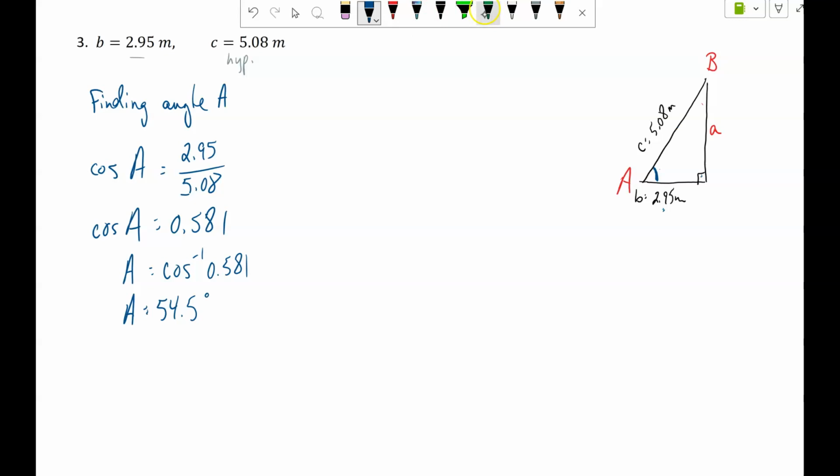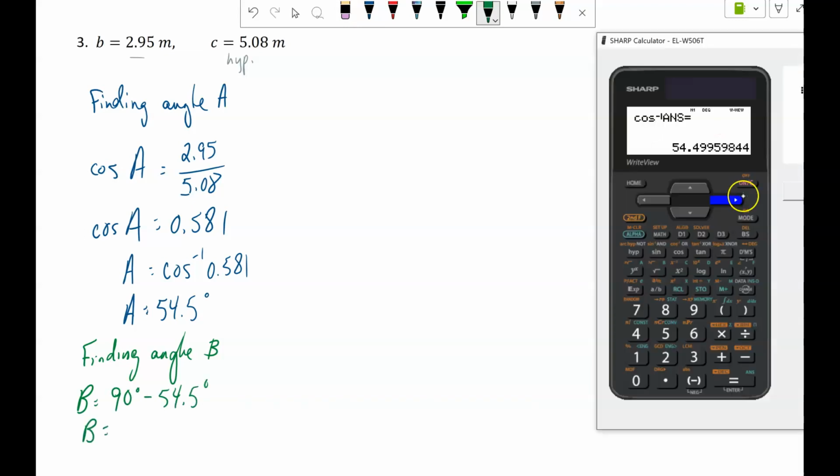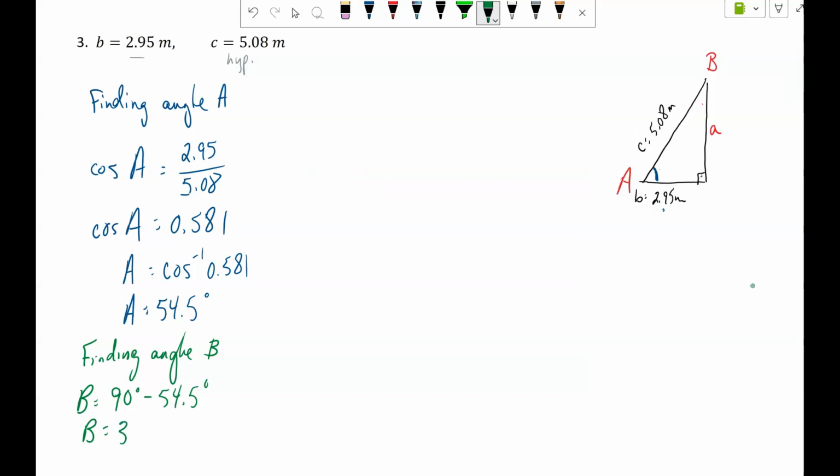So finding angle B, we have B is equal to 180 degrees. Oh, sorry, we were going to do it from 90, weren't we? 90 degrees minus 54.5 degrees. So B is equal to 90 minus 54.5. 35.5 degrees.